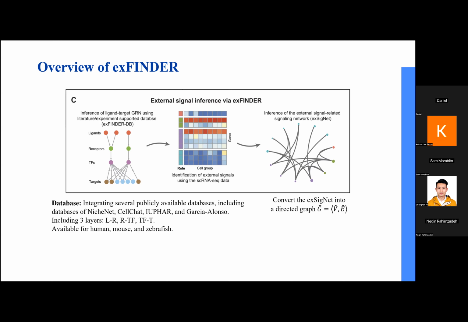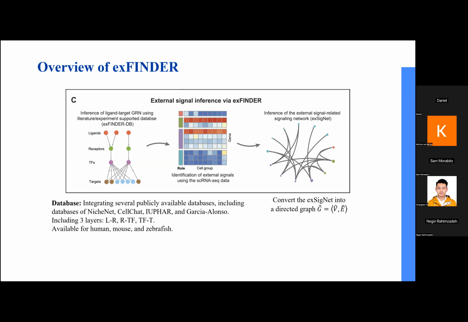Starting from the target, we can use the TF-target table, the last one, to infer the corresponding TFs interacting with these target genes. Then we can use the second table to infer the corresponding receptors, and then the last step, from the receptor, to infer the corresponding ligands. So that's the basic logic: we do the inference from the bottom to the top.